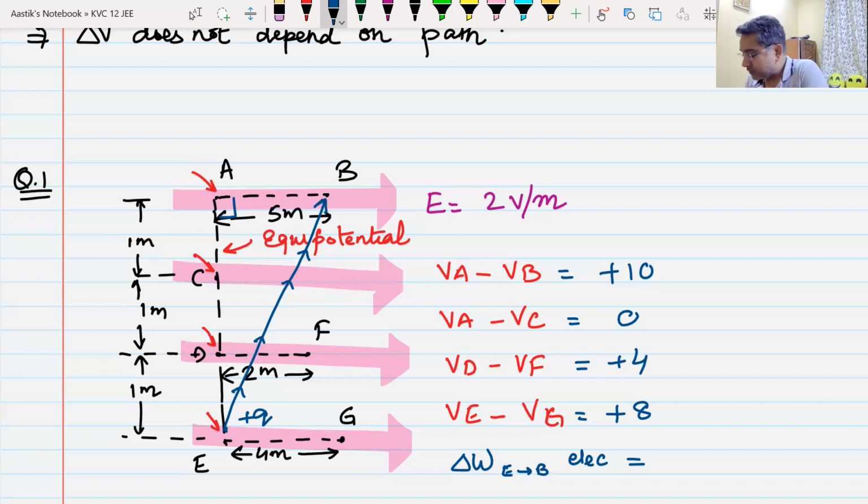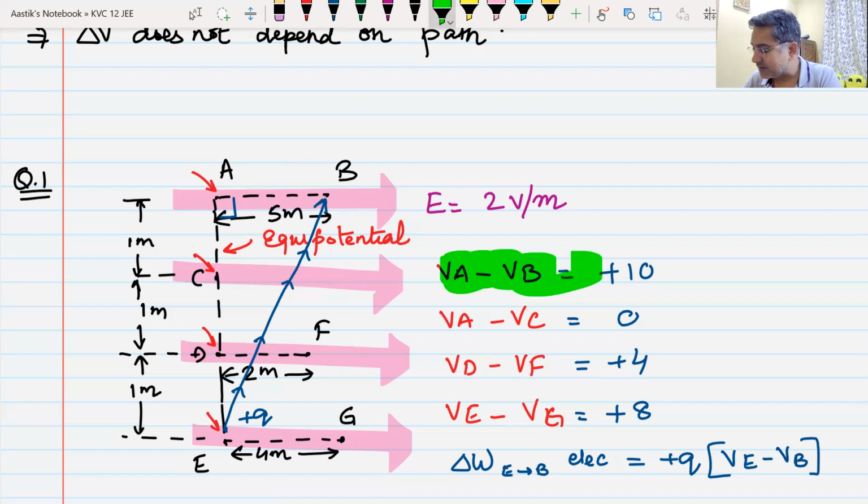How are you supposed to do this? Work done from E to B you can write like this, and I hope you remember it. It is the charge Q multiplied by the potential difference VE minus VB. You just have to find the potential difference between E and B, and you must know that it is the same as the potential difference between A and B, which we have already calculated as plus 10 volts.